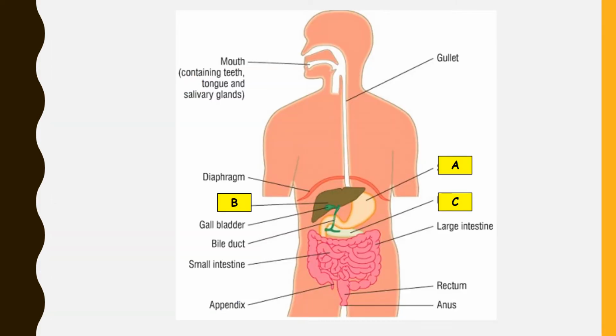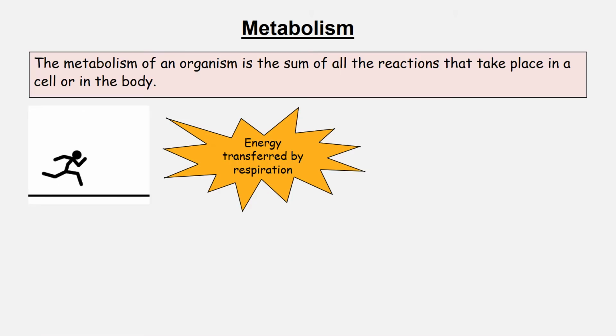So from the starter thinking question, hopefully we identified that the liver is in fact B. It's a large organ; after the skin it is the next largest organ, and it has lots and lots of different functions that we're going to be looking at today.